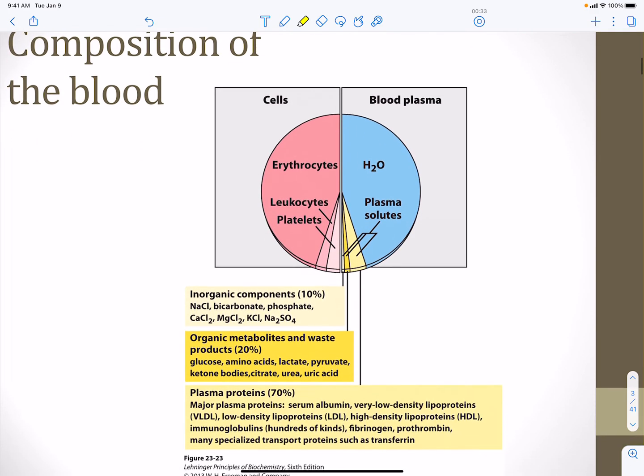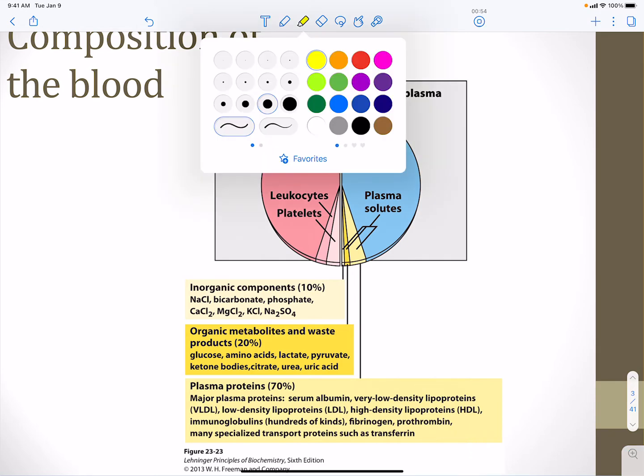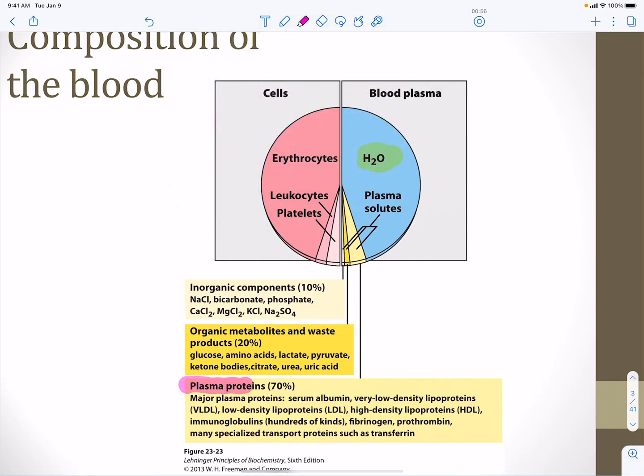And the composition of the blood is basically going to be made up of primarily cells and also a liquid portion. Most of the liquid, of course, is going to come from water. And then you're going to have different proteins inside of your plasma. So for your plasma proteins, we have down here the major ones, which you are already familiar with. We have serum albumin.